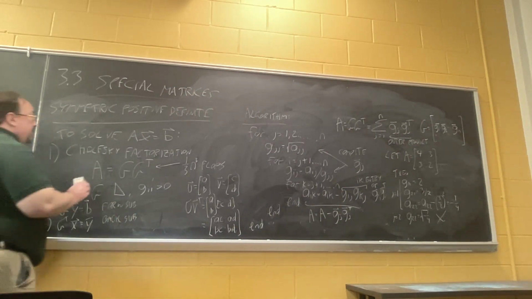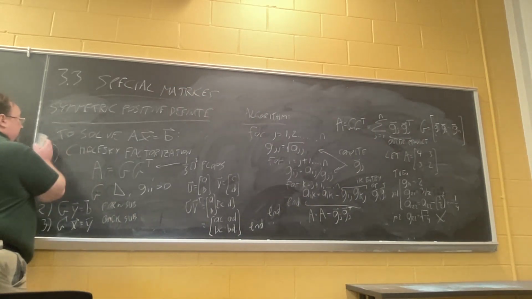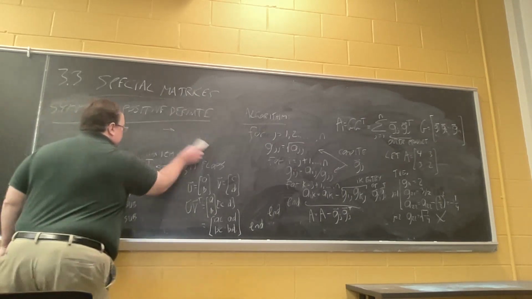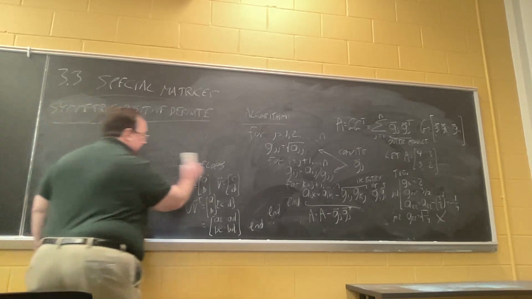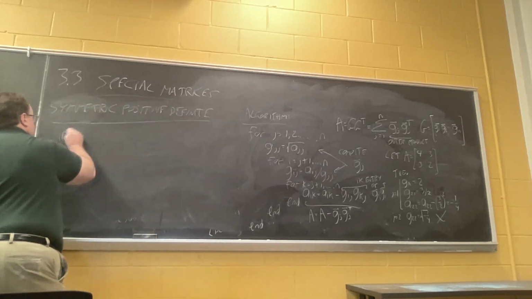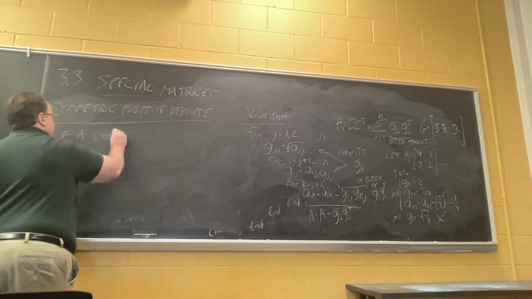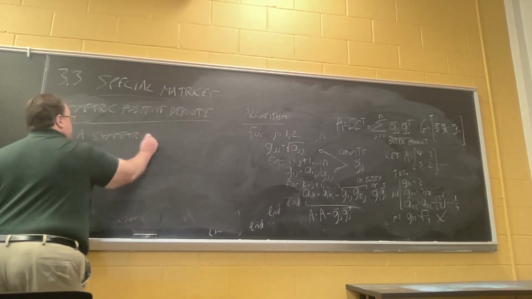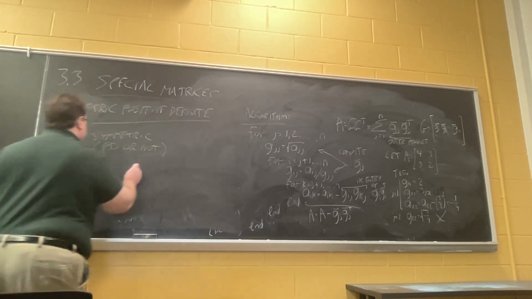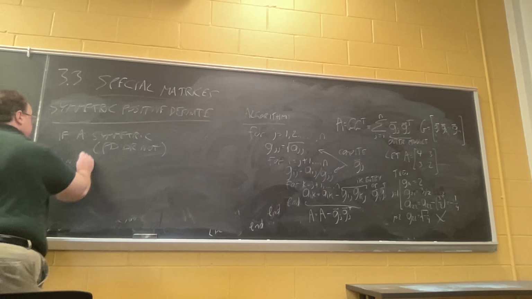All right, the last thing I'll say is actually about symmetric matrices, but it also applies to SPD. This is written up in much greater detail in the notes, but I don't want to neglect it entirely. A is symmetric, whether positive definite or not.